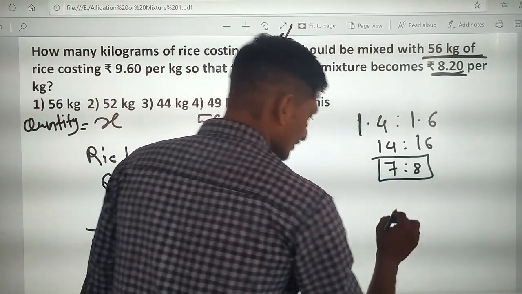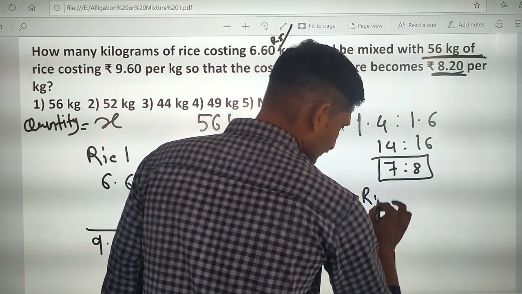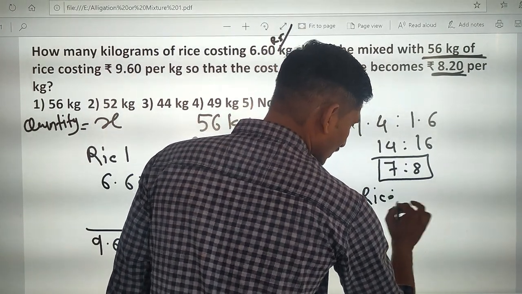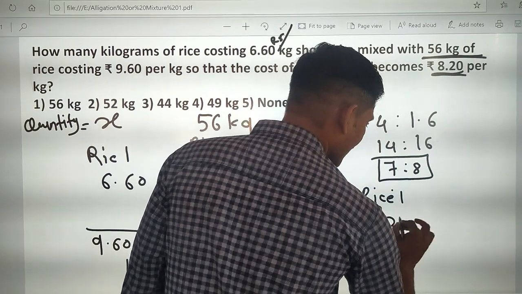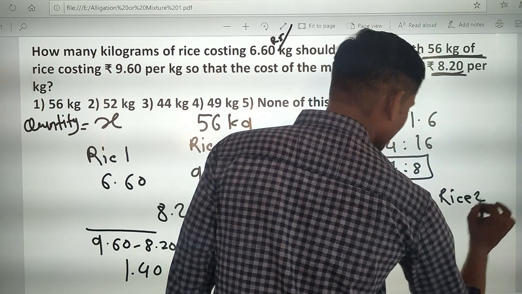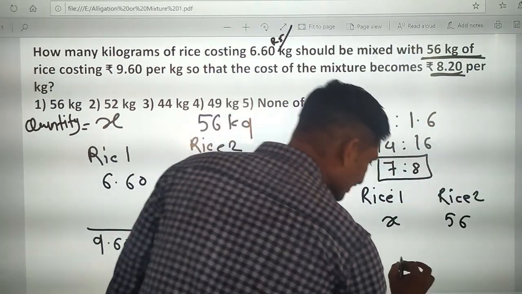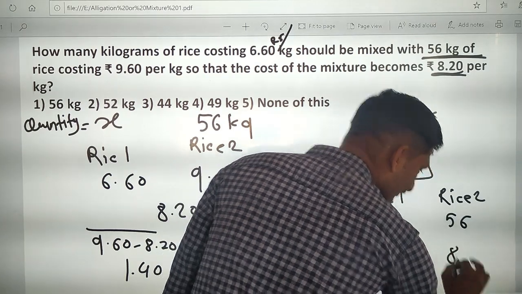Then here the rice 1 quantity is x and the rice 2 quantity is 56. Here their ratio is 7 to 8.